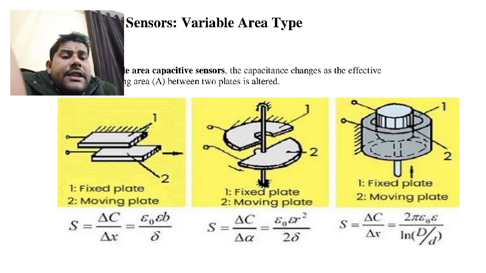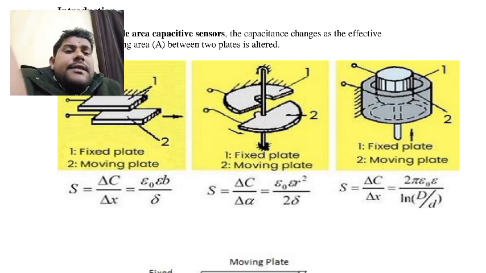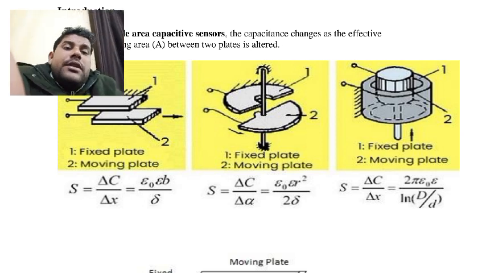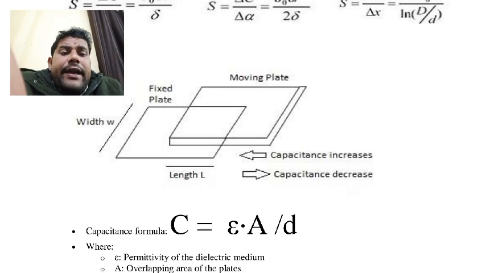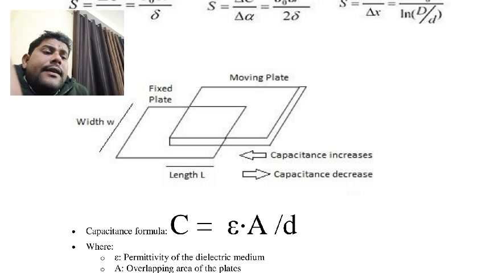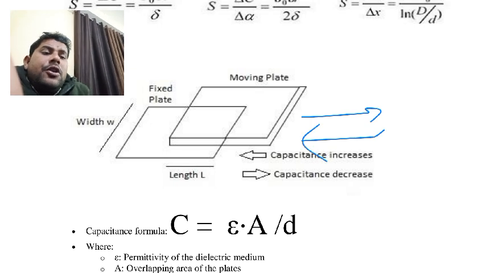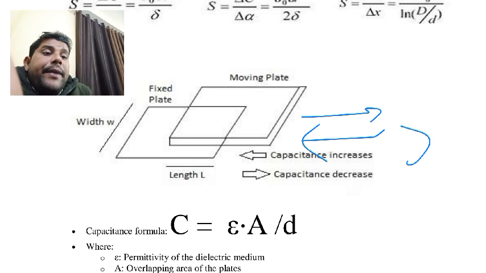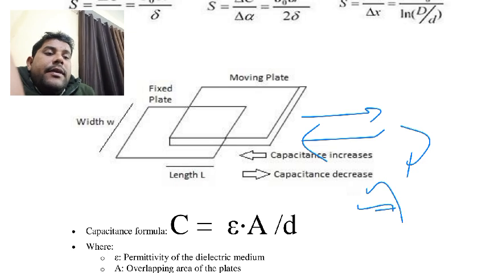These three arrangements show how we change the overlapping area, and accordingly the capacitance of the sensor changes. This is also another diagram where we are moving the plate horizontally. We can move in this direction or that direction, so the overlapping area A can be changed. In this way we can do it.